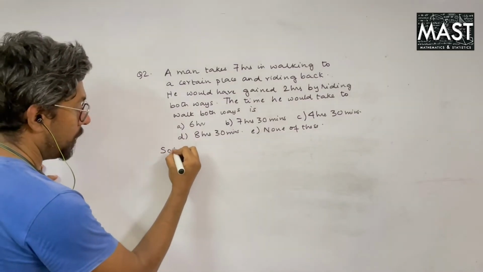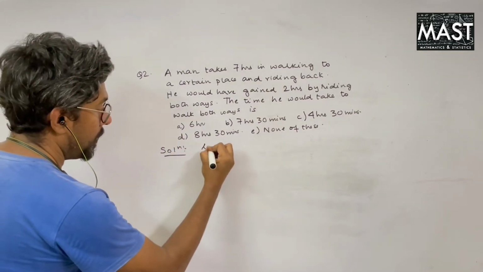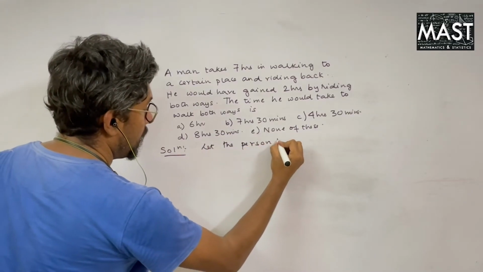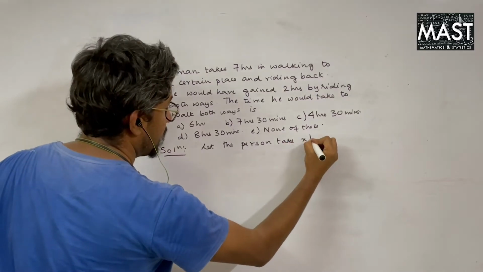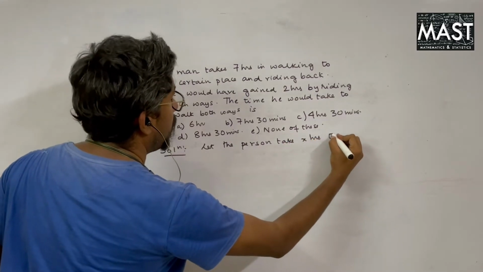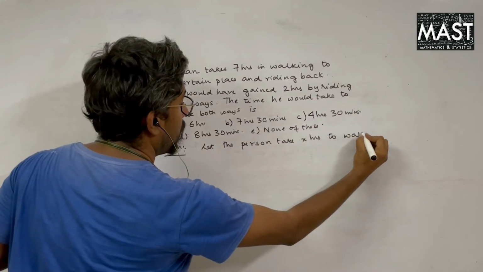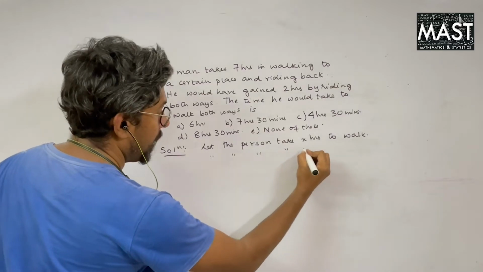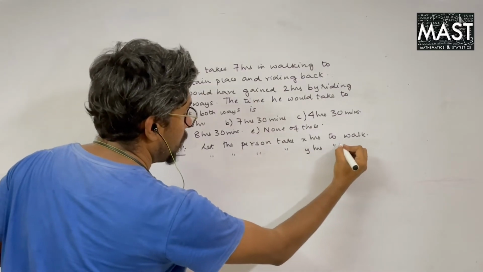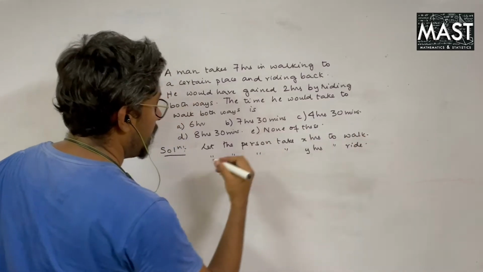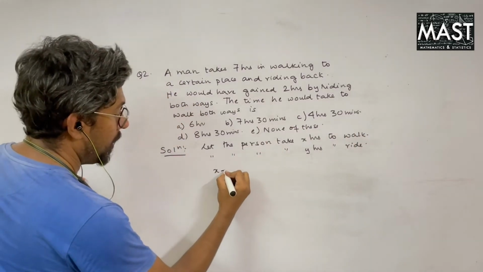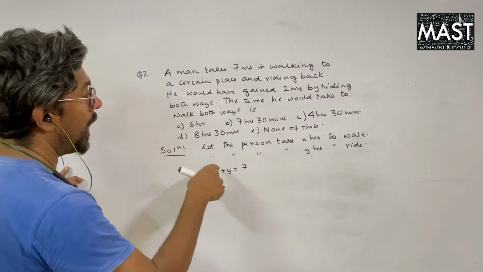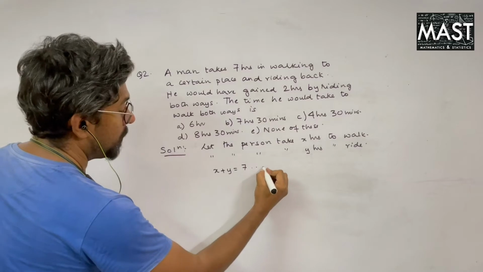So, while solving this sum, let the person take x hours to walk and let the person take y hours to ride. As per the question, his total time taking to walk and ride is x plus y.